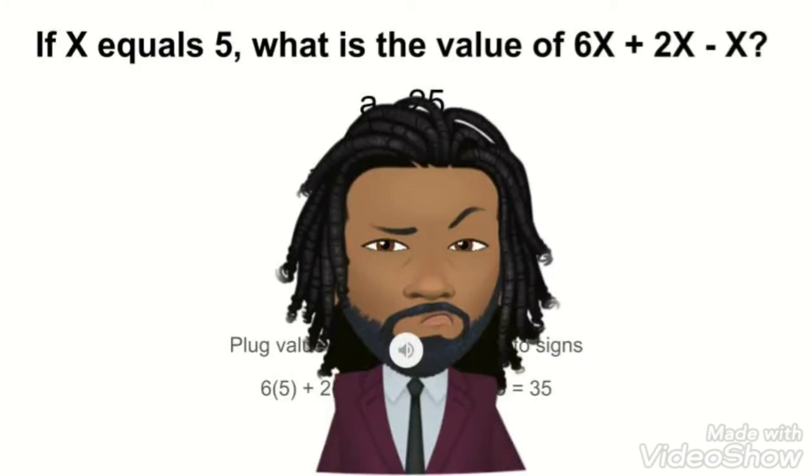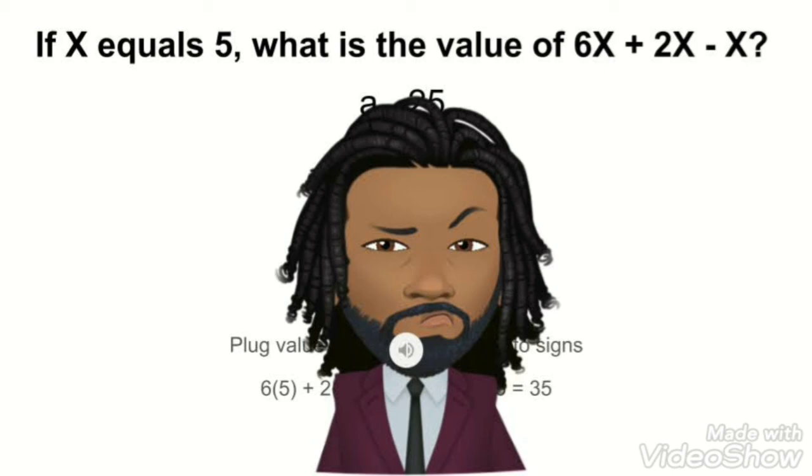Okay, so this next one is actually giving you the value of x, or it's actually substituting x for a number. And let's say that number is 5. And let's just say that just represents dollar bills. If x equals $5 bills, what is the value of 6x plus 2x minus x?